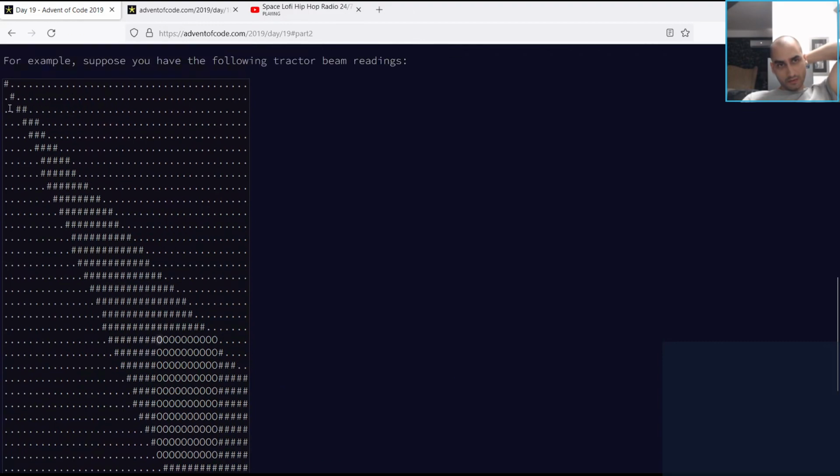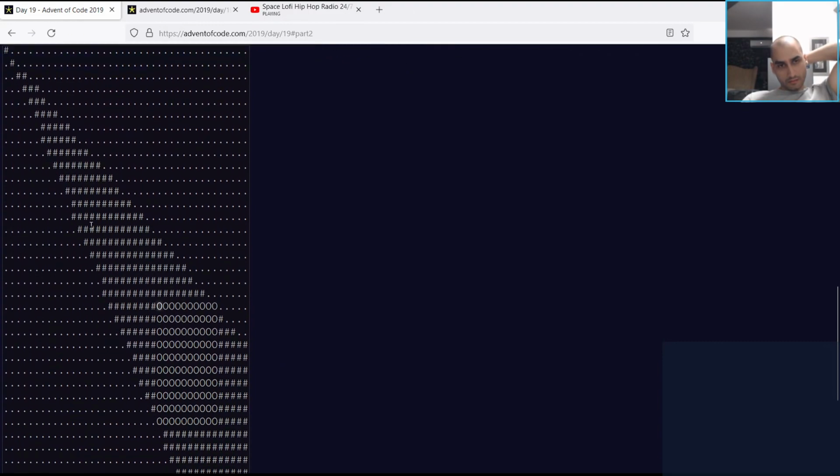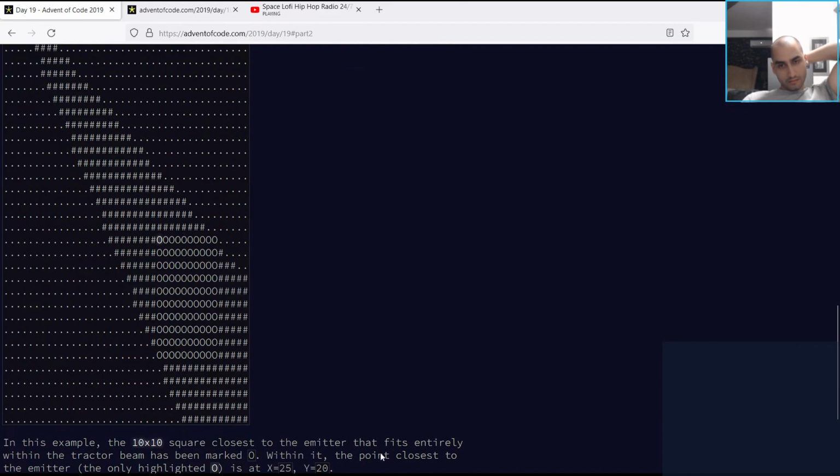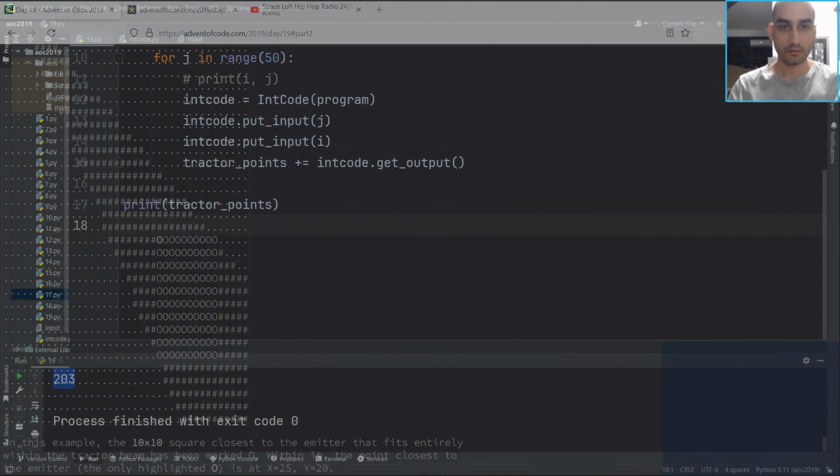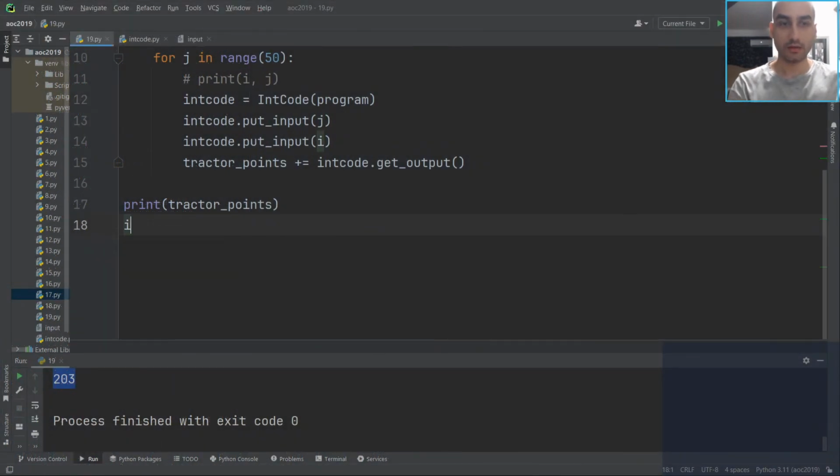So let's just try some stuff then. Let's make a helper method here. So define is_tractor(i, j).